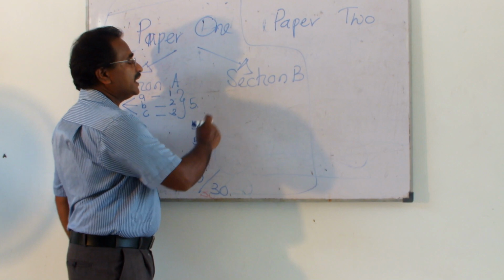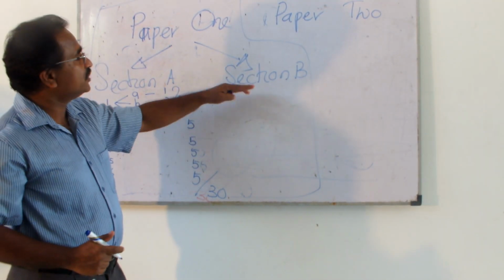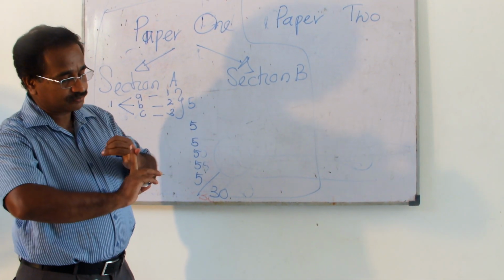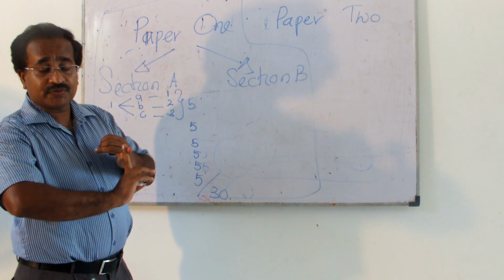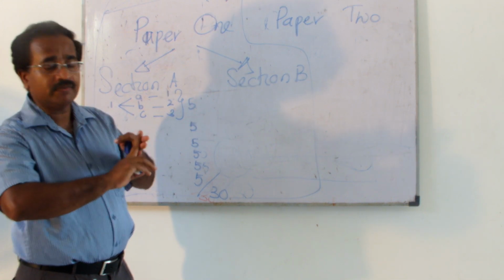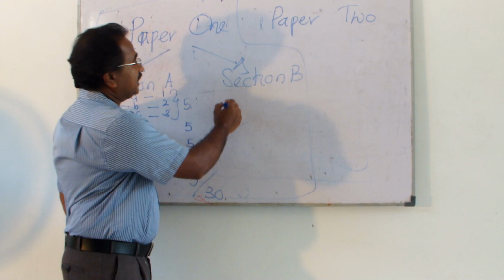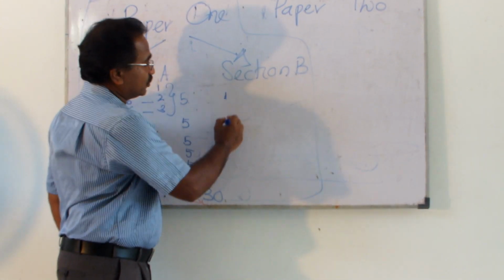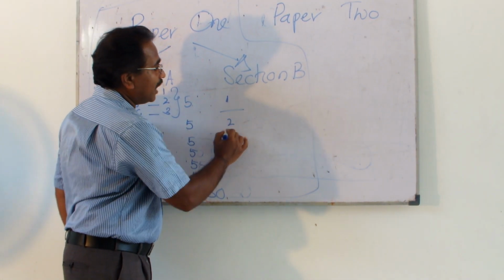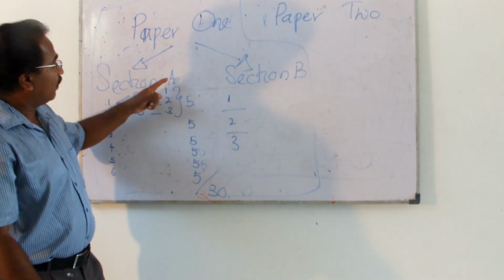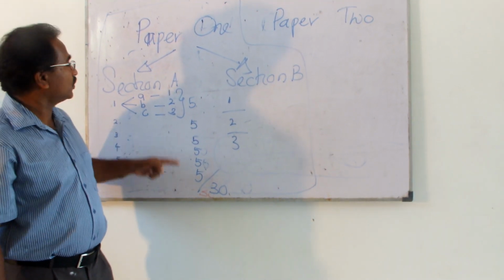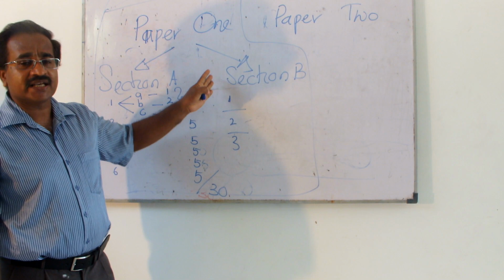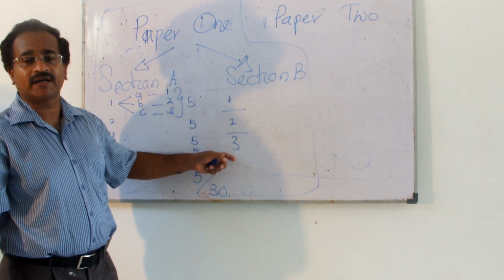Section B, there are 3 questions. These 3 questions are from The Vendor of Sweets, Bringing Tony Home and Prince and the Pauper. In section B, there are 3 questions, 1, 2, 3, but you have to select only one. While you have to answer all 6 questions in section A, in section B, you can select one question.